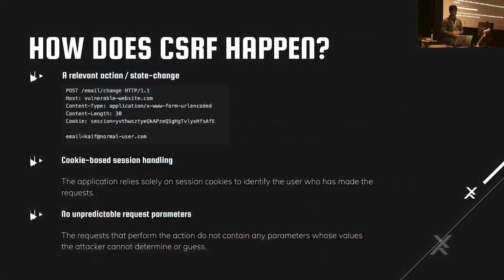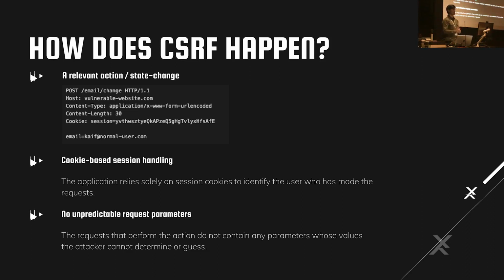So how does CSRF mainly happen? There are three conditions for CSRF to happen. One is a relevant action. Most stateful websites have that, which is, let's say, an HTTP request to some sort of website or API. The main issue with CSRF is cookie-based session handling.